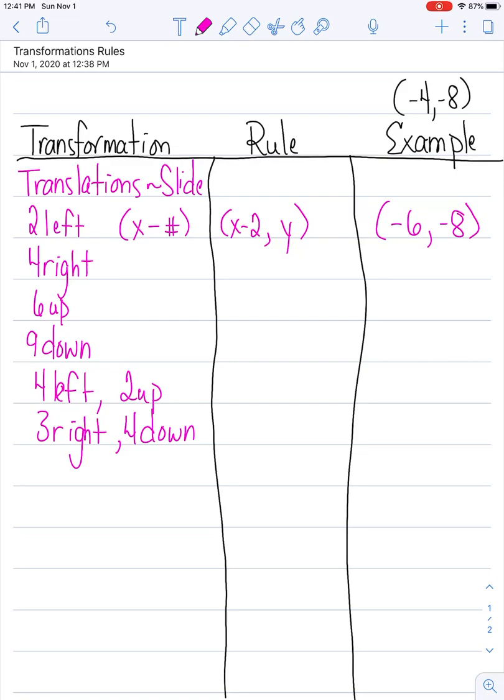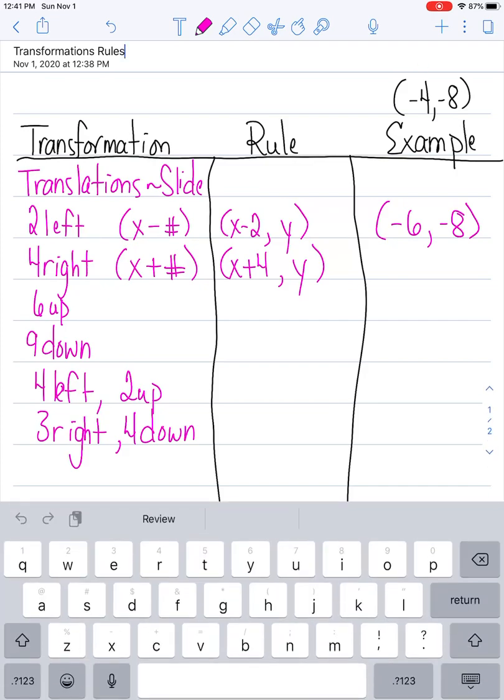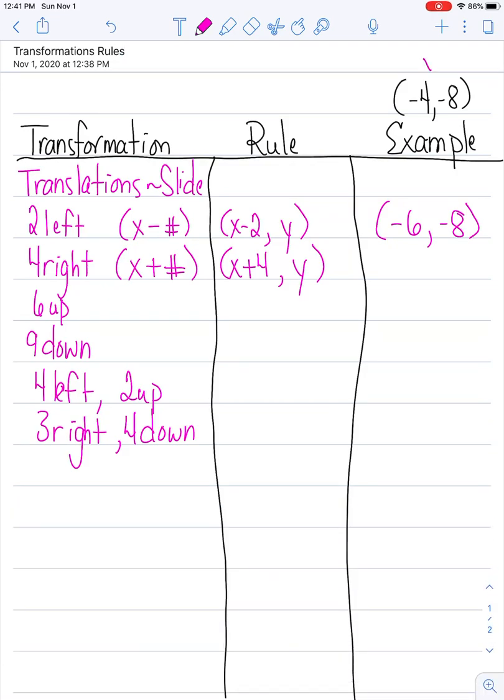So now let's look at 4 to the right. And again, left or right is on the x-axis, and to the right is plus or positive, plus the number. So the rule would be x plus 4, that's to the right, and I didn't go up or down any, so I leave y alone. So let's see how that would affect -4, -8.